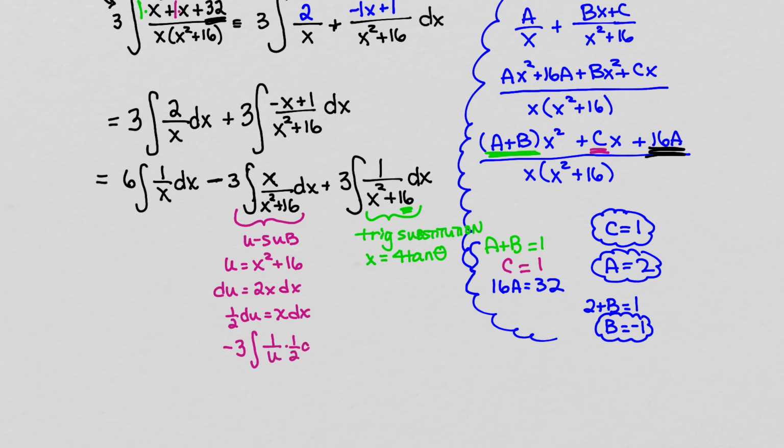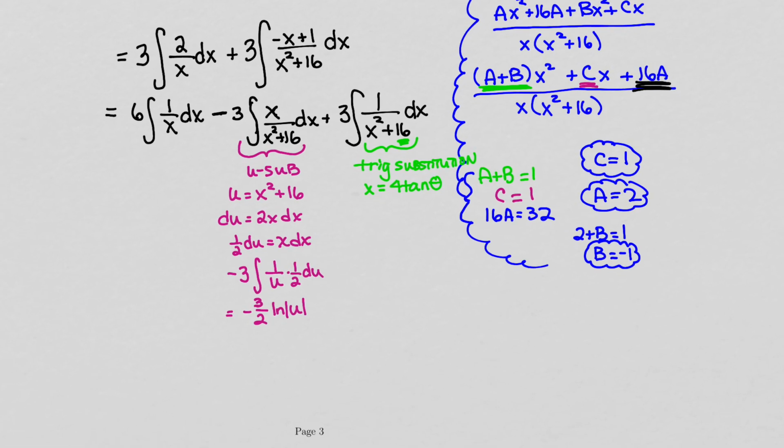Tangent squared theta plus 1 is just secant squared, right? Yes, it is. Tangent squared theta plus 1 is secant squared. That's correct.